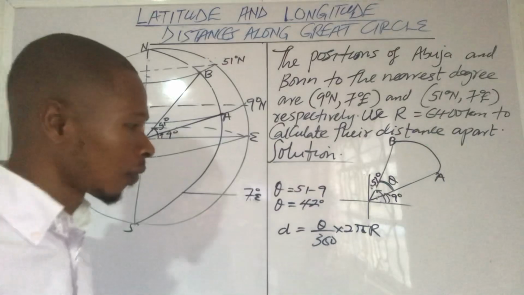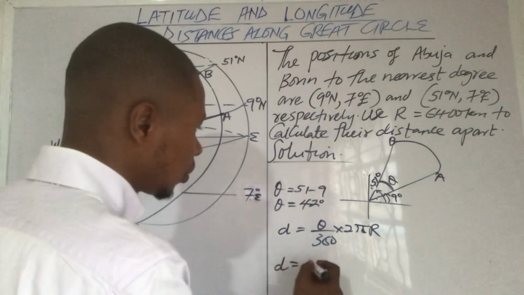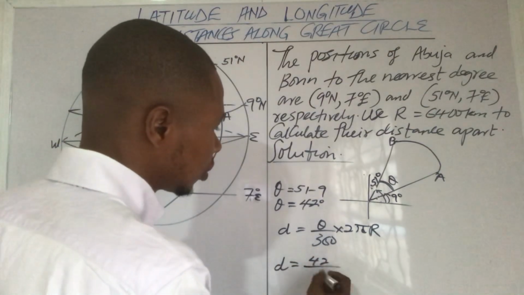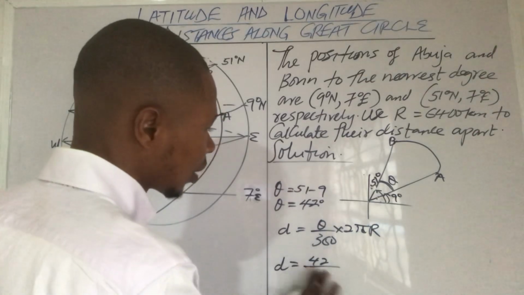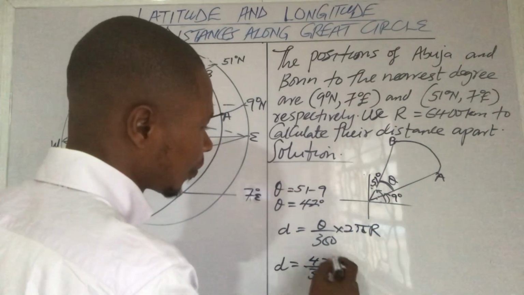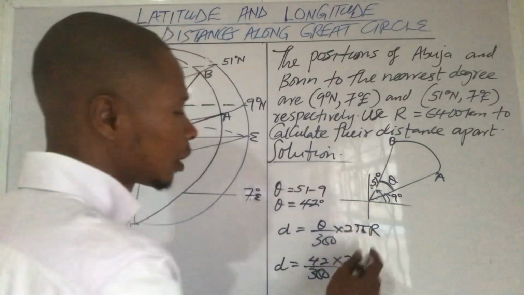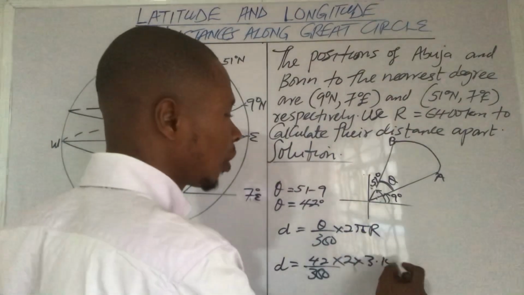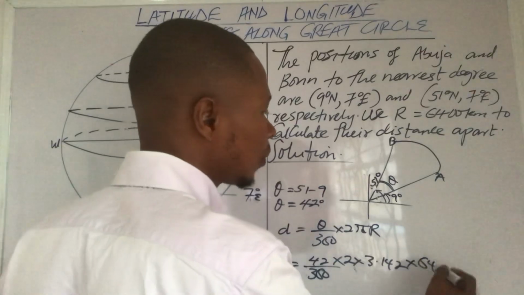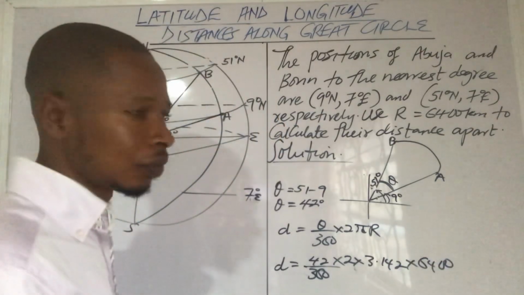So let's continue. Then our distance D will be equal to 42 over 360 times 2 times pi, which is a constant, 3.142, times 6400.